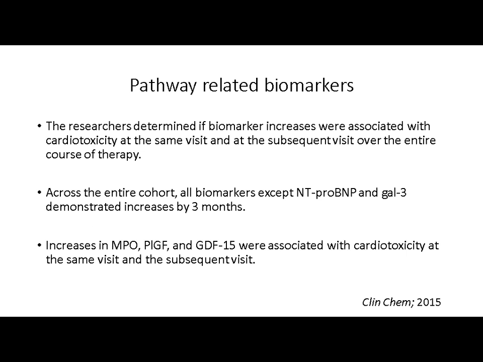They wanted to determine if biomarker increases were associated with cardiotoxicity at the same visit and at the subsequent visit over the entire course of therapy, to find out whether or not these biomarkers can be used as predictive biomarkers. And all biomarkers except for NT-proBNP and galectin-3 demonstrated increases by 3 months.